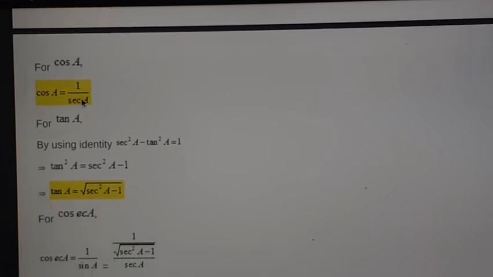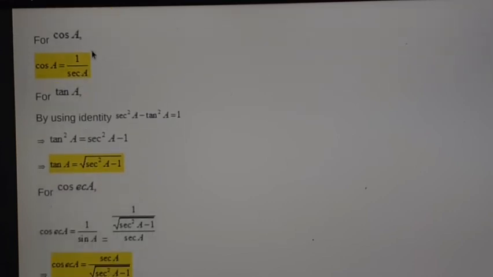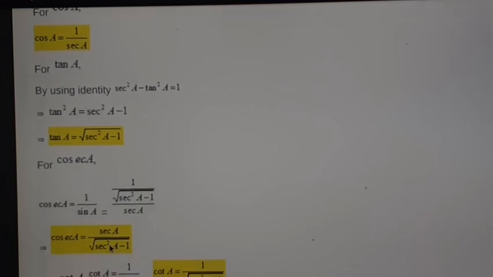And for cos, we know it is 1 by sec A, or sec A is equal to 1 by cos A. So tan A we have got in terms of sec, sec is already in terms of sec, cosec we got by taking the reciprocal of sin, and cot is the reciprocal of tan A, that is cot A is equal to 1 by tan A, and tan A we have found in terms of sec.